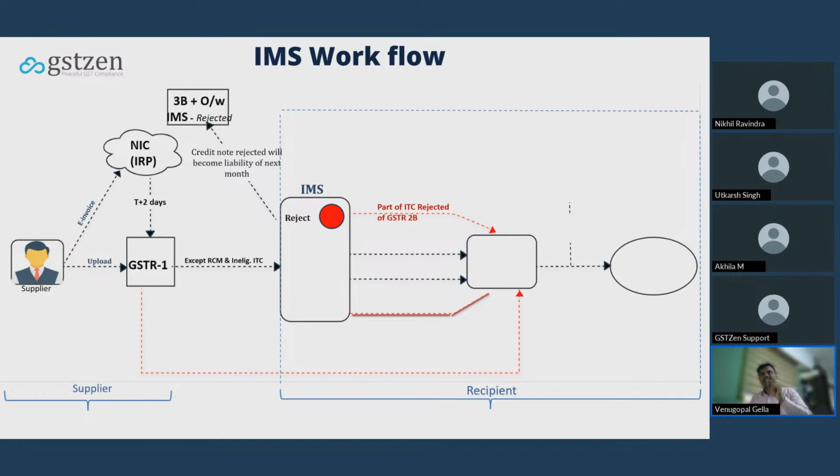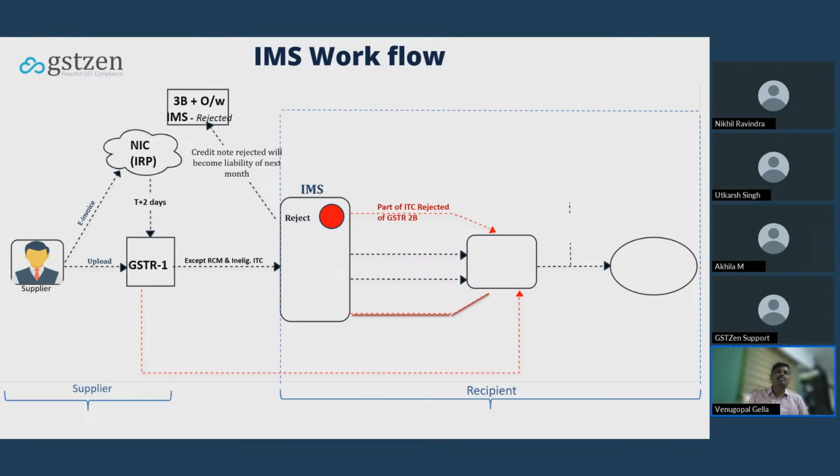Now here the catch is, you may think that the supplier has reported it, so it is getting reversed in the next month. It is not that. Imagine the supplier has filed his credit note in the month of, say, October, and the recipient is filing his GSTR 3B of October now. So his IMS is acting now. He is filing his returns late.